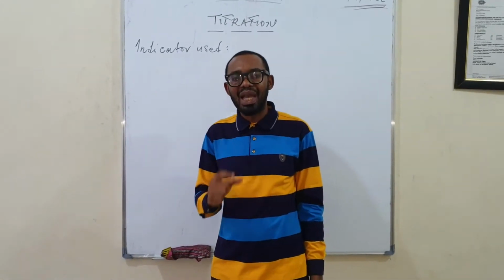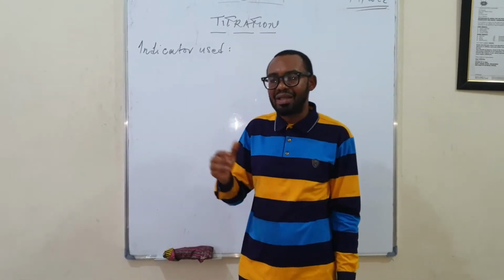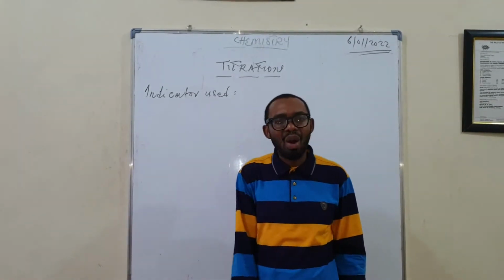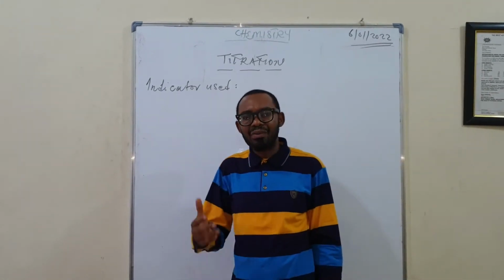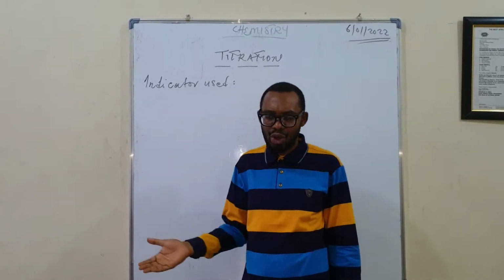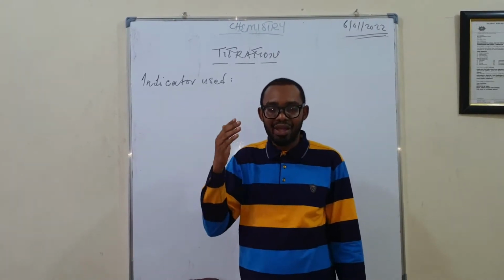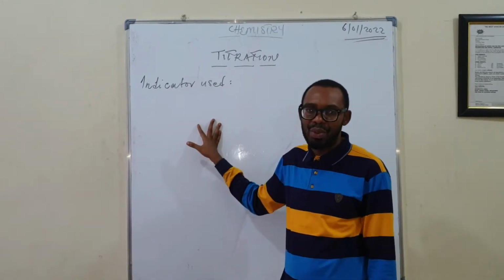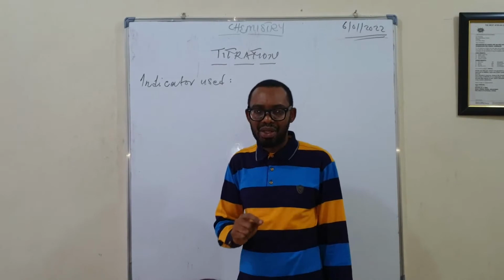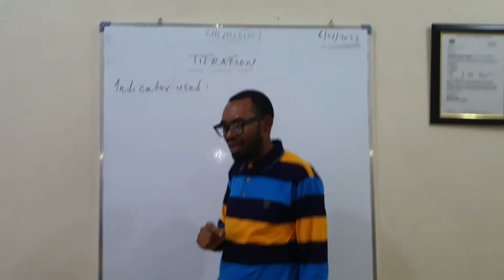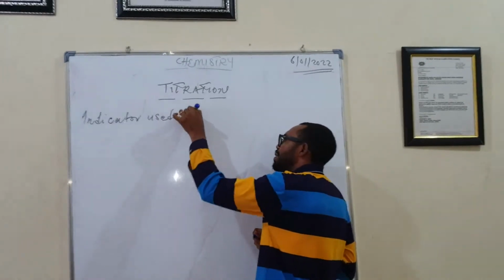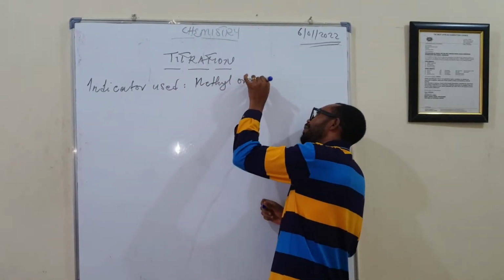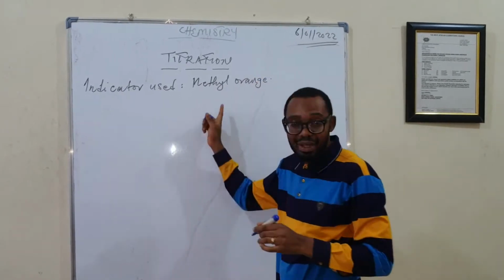But if you are titrating a strong acid versus a weak base, you use methyl orange indicator. If you're using a strong acid versus a strong base, any indicator is suitable, whether phenolphthalein or methyl orange. You have to take note. If the indicator used is methyl orange, you have to indicate it.